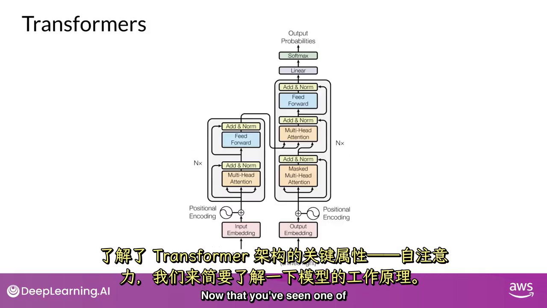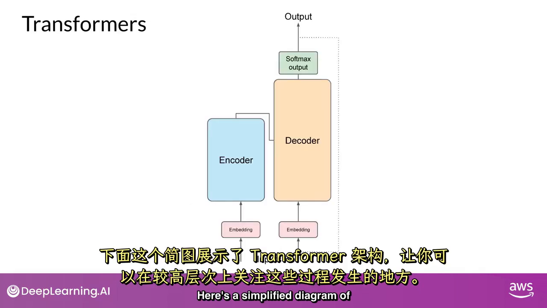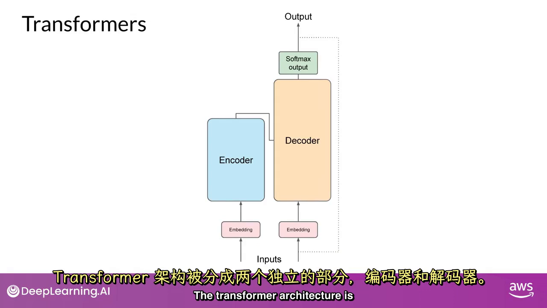Now that you've seen one of the key attributes of the Transformer architecture, self-attention, let's cover at a high level how the model works. Here is a simplified diagram of the Transformer architecture so that you can focus at a high level on where these processes are taking place. The Transformer architecture is split into two distinct parts, the encoder and the decoder.